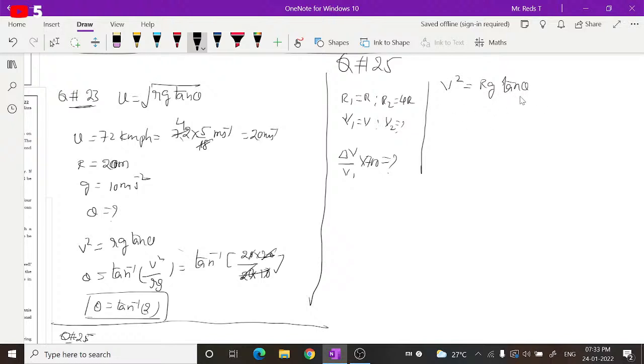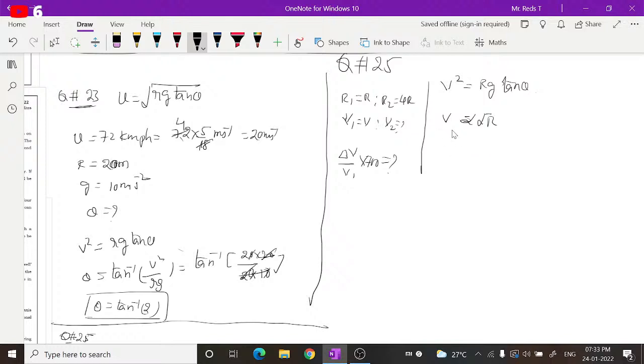If tan theta is constant, and of course g is also constant, then what will be the variable here? V and r are variables. Because you want change in v, you can write v is equal to root of this, and these are constants, so you can take root r. V is proportional to root r.